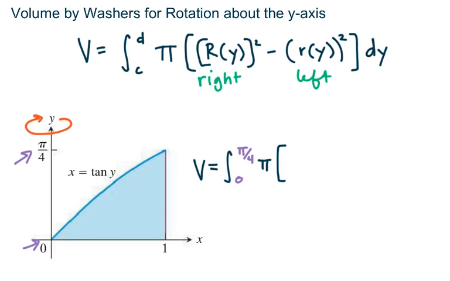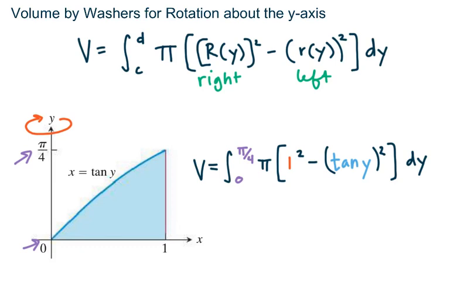My outer radius is going to be 1, and we have that quantity squared, minus my inner radius is tangent y. And that quantity also needs to be squared.